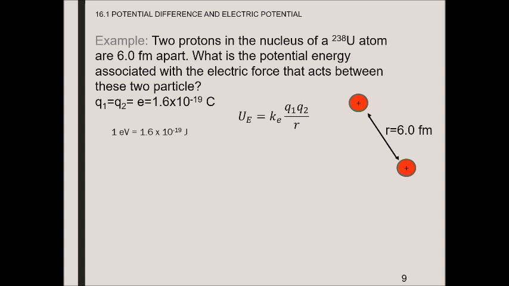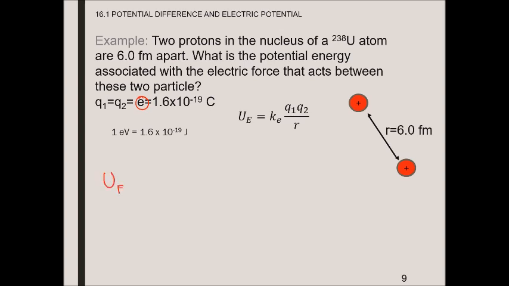We're going to convert that also to electron volts, because it's going to be a little easier number to deal with than the number we're going to get in joules. So the formula is k e q1 times q2 over r, where both q's are a single proton, so they're 1.6 times 10 to the negative 19th coulombs.